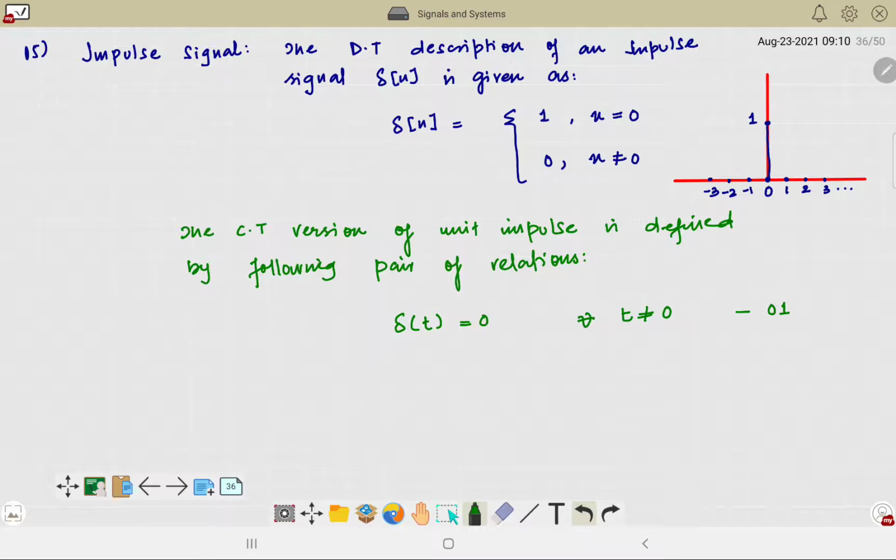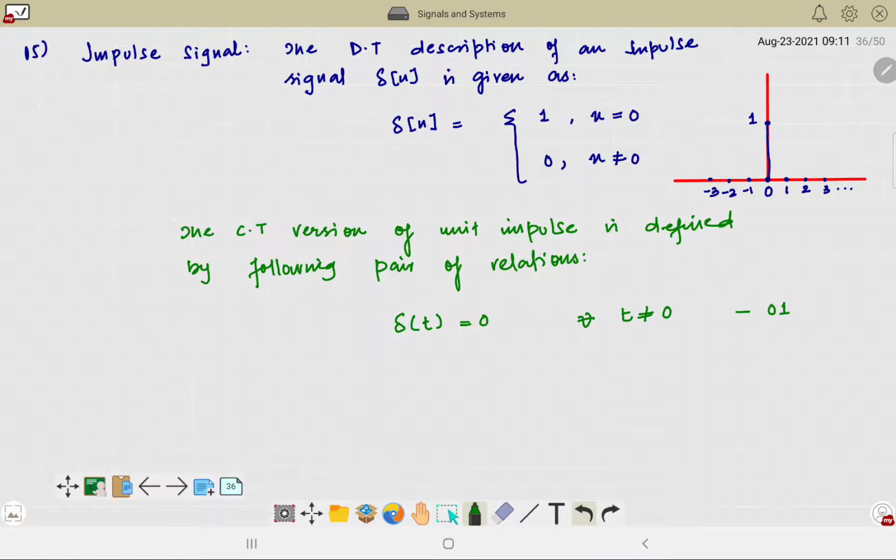Right? Now, if you take only this description, if it would have been a complementary thing as in the discrete time domain, then we should have only this equation. Like in the discrete time case, delta n is a value of 1 for n equal to 0, and it has a value of 0 for n not equal to 0.